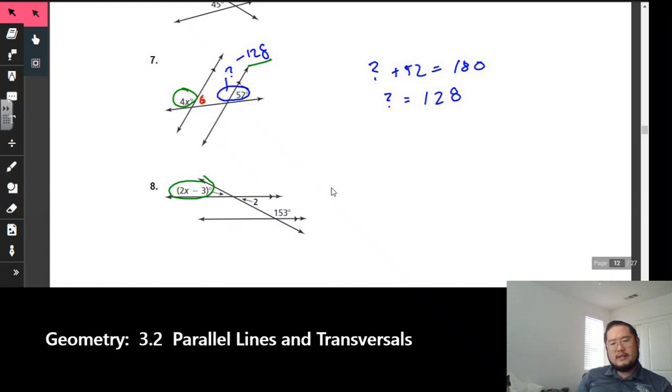So I can say that angle 2 ends up equaling 2x minus 3, because they're vertical. And if this is 2x minus 3, then these two angles have to be consecutive interior.